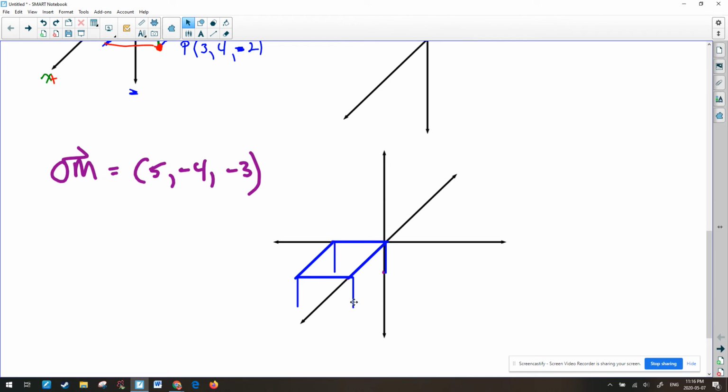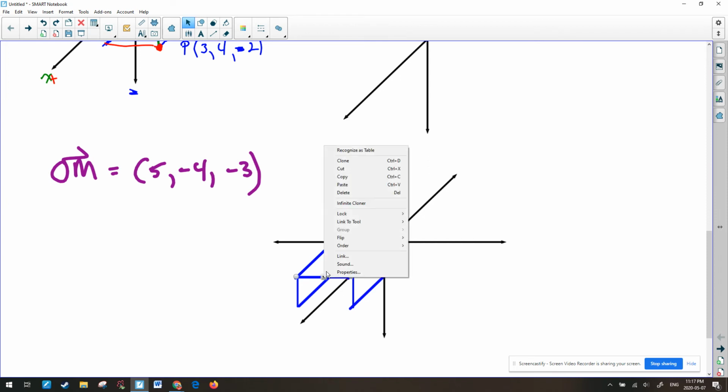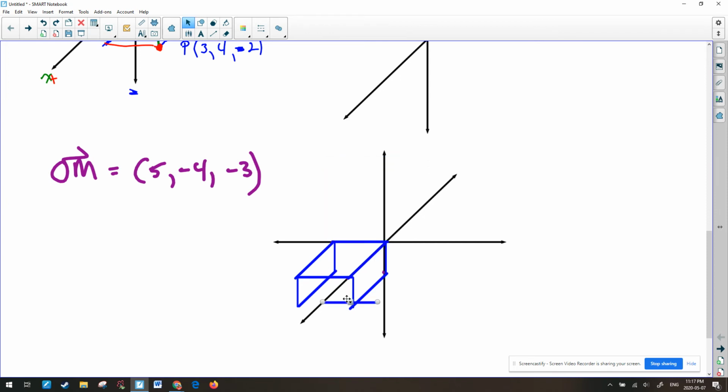And then you're like, oh, there's the box. I'm starting to see it now. Then we close this box in and we're good to go. Clone that. And clone that.